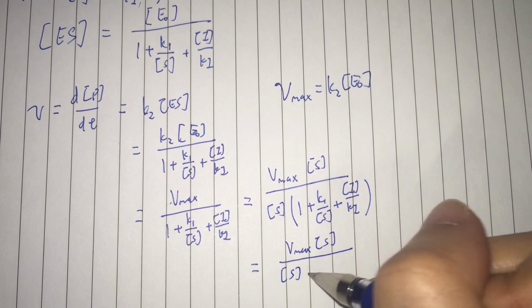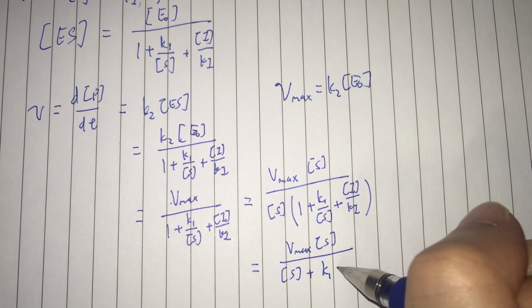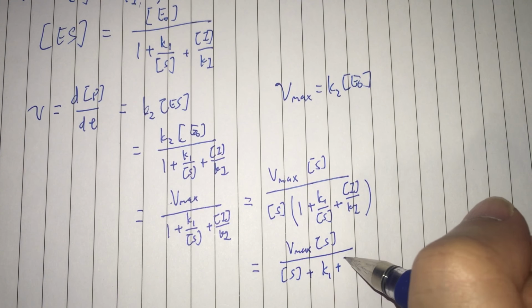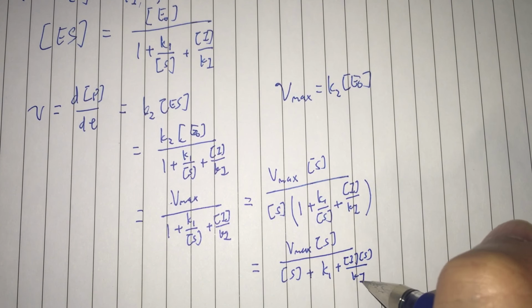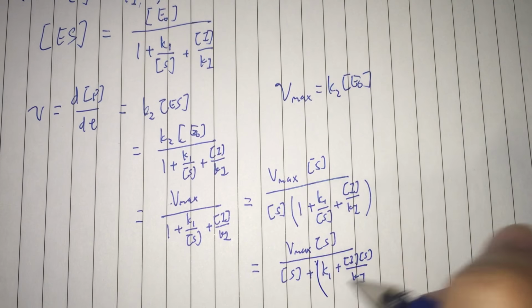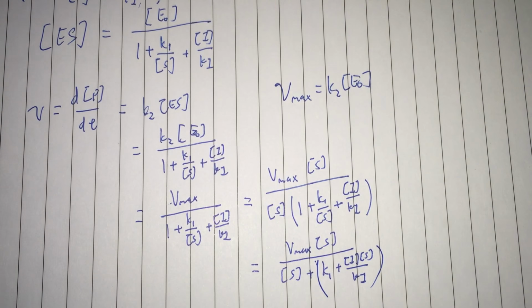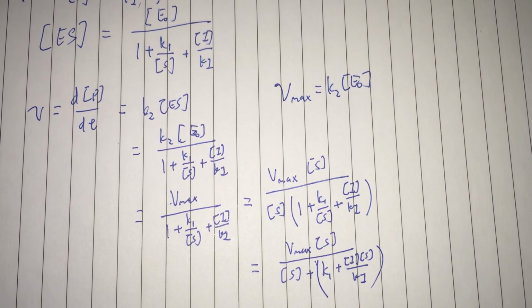So you have S plus K1 plus I S over Ki. Well, almost there. The only thing is that S is still inside, in a sense. This S is still inside.